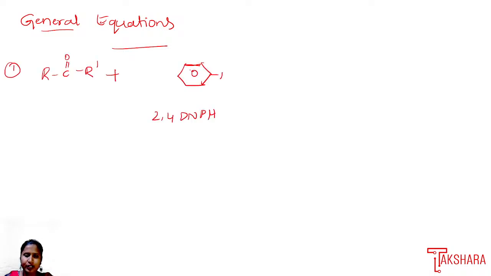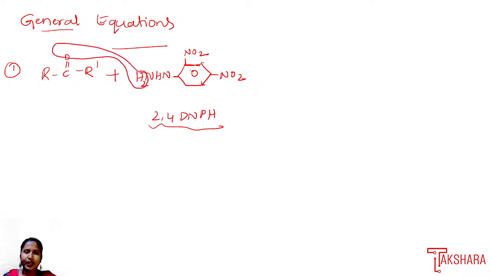Benzene ring, this is the 4th position and this is the 2nd position, and here we write NH2. Okay, so this is 2,4-DNPH. Here again the water molecule is going to be removed, and we will get the product. This reaction takes place in the presence of an acidic medium. So the product we get: R and C double bond, and R dash on this side, C double bond NH.